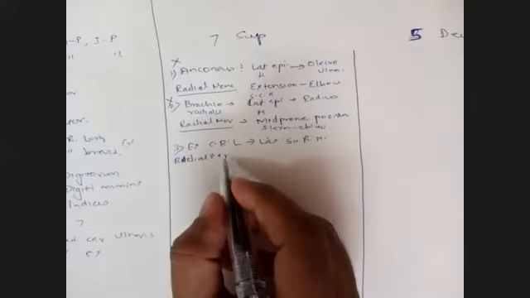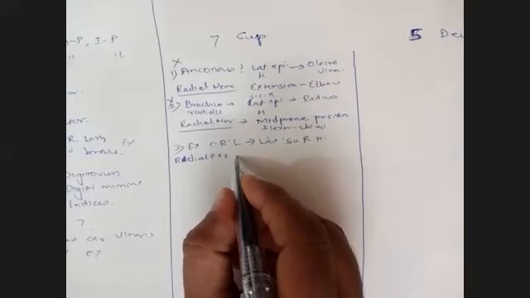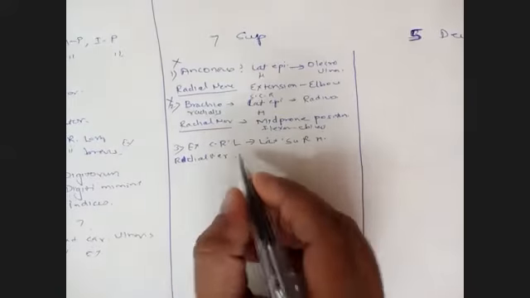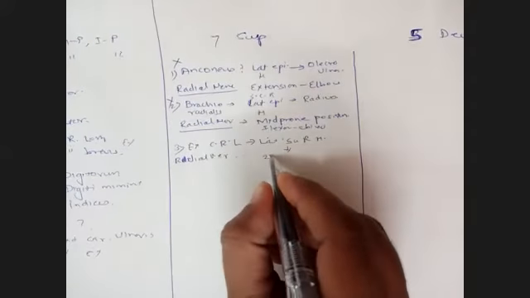I have told you that at the elbow, the medial side is the common flexor origin, the lateral side is the common extensor origin. So most of the muscles will be arising from the common extensor origin of the elbow. So this is supplied by the radial nerve, and it gets inserted on the second metacarpal.